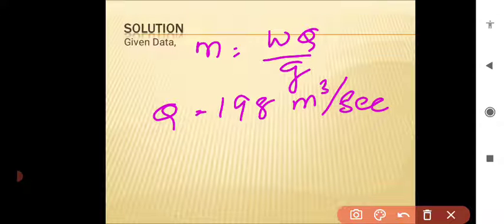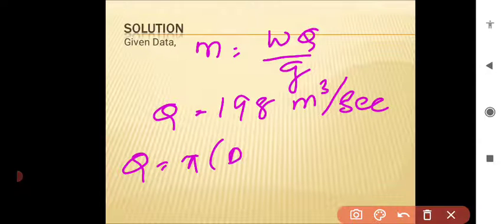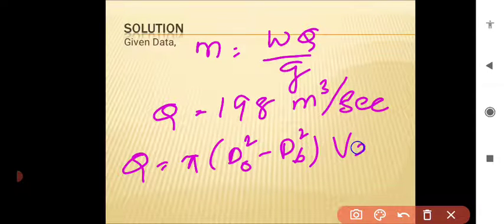We know the Q equation: Q is equal to pi into d naught square minus db square into Vf1. So from this we have to calculate the outer diameter and diameter of the boss. Okay. Now substitute all the values in this equation.